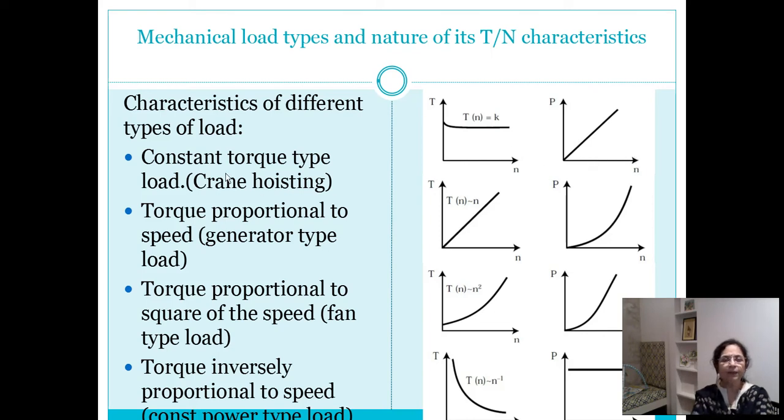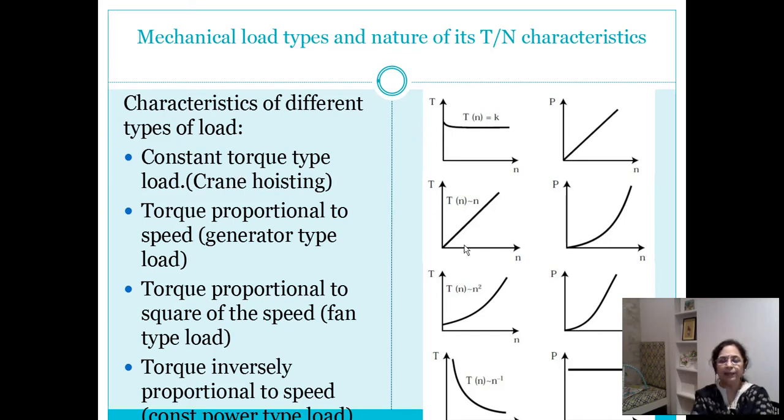Okay, so this is a typical constant torque type of load, and the example is a crane when it is hoisting. Okay, so as I said, constant torque mode is always below rated speed condition.